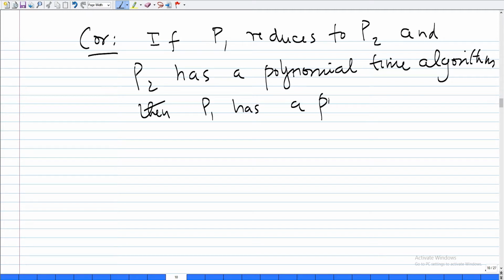This is why the reduction is defined this way. What is the polynomial time algorithm for P1?